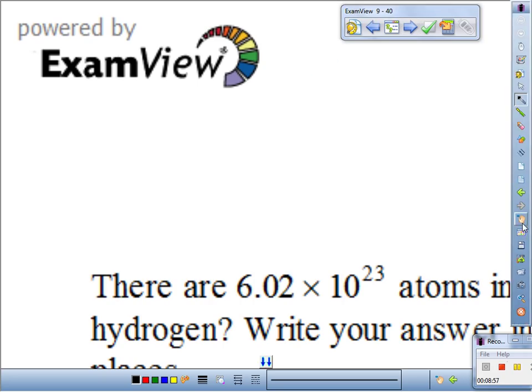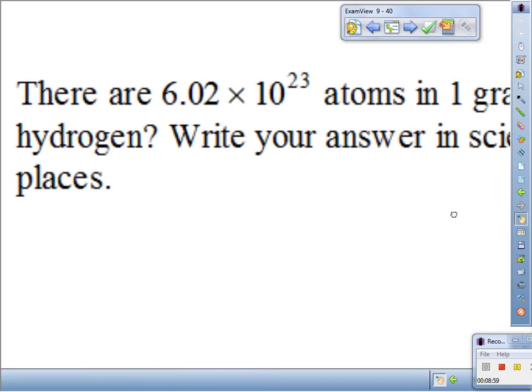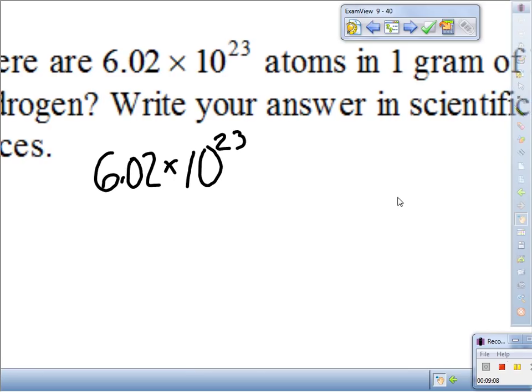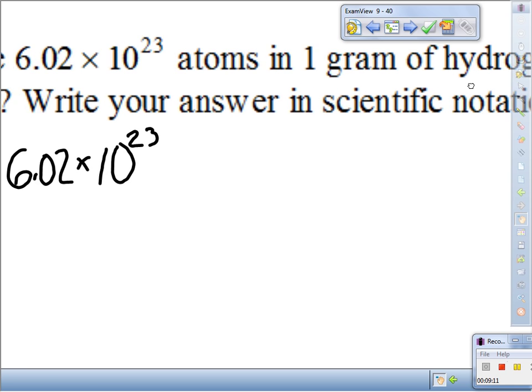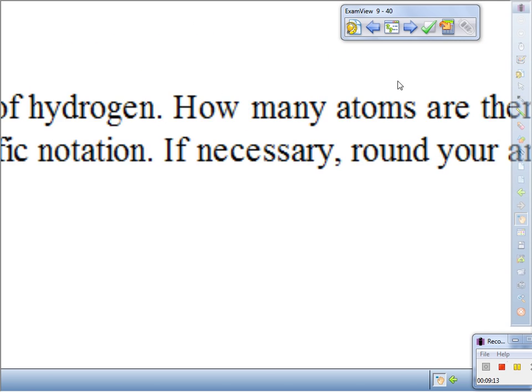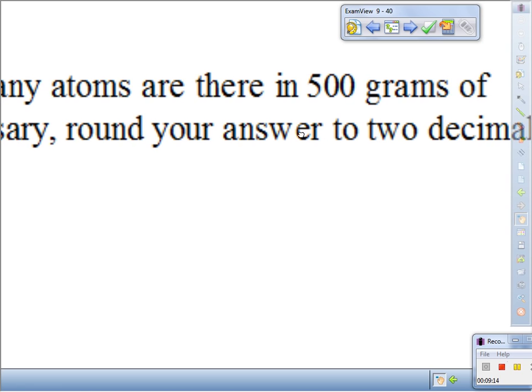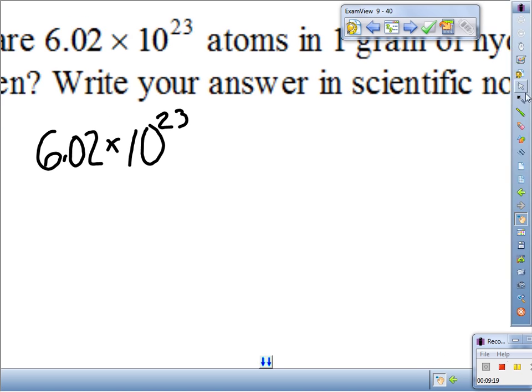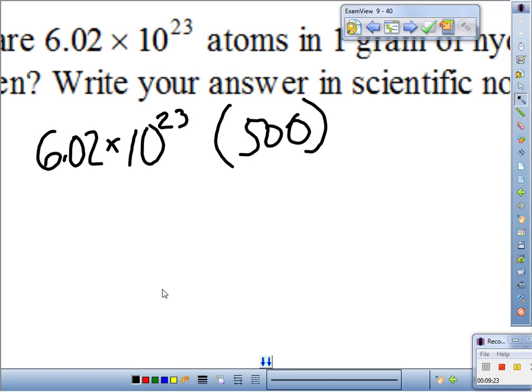Oh, your favorite. Yay. There are 6.02 times 10 to the 23 atoms. And how many grams of hydrogen? 1 in 1 gram. But they want us to figure out how many atoms in 500 grams. So if this is 1, what do we need to do? Multiply times what? 500. But they want it in scientific notation.